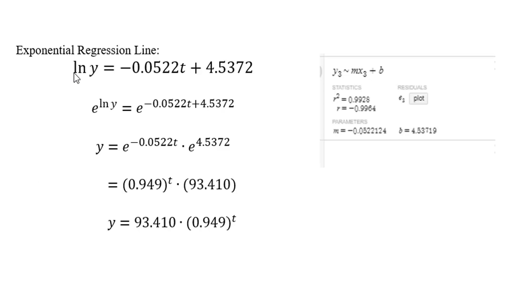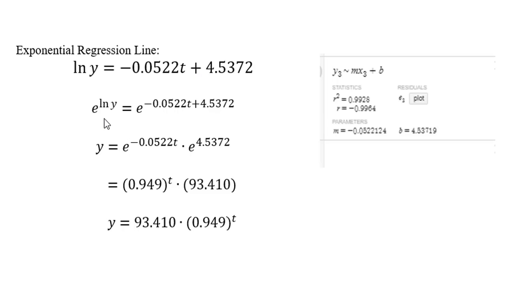For the exponential regression line, this is given by Desmos. Remember here, y3 means the natural log of y. x3 is t, so we will write it this way.